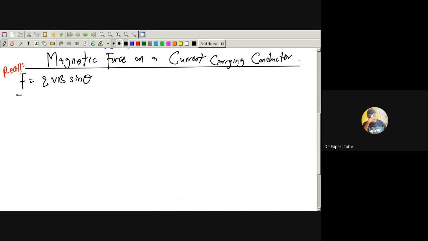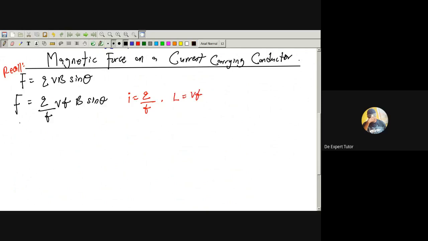Divide this by C and multiply by T. I've not done anything but cancel out this T. Yes or yes? And remember that current is equal to charge divided by time. And velocity times time will give us distance, which will be the length of the conductor.